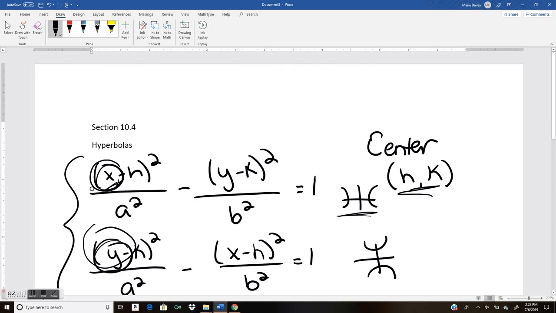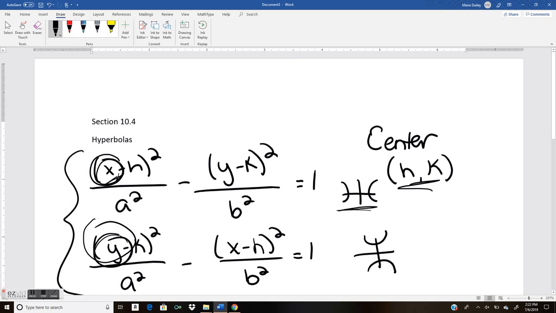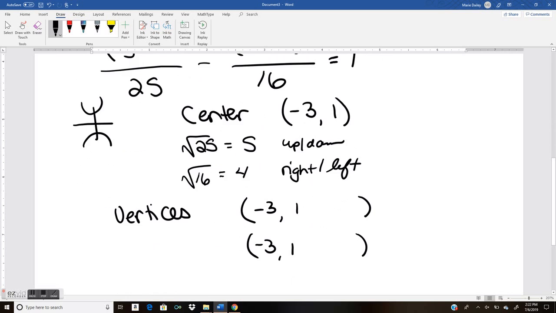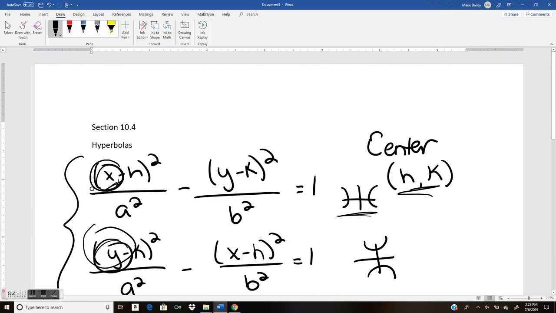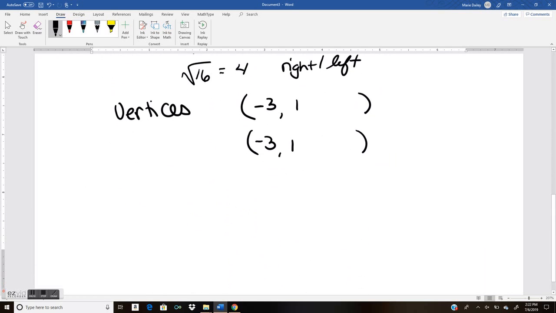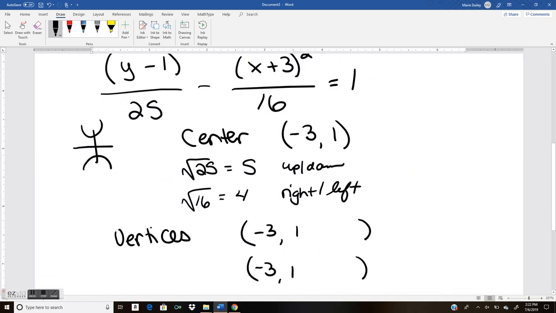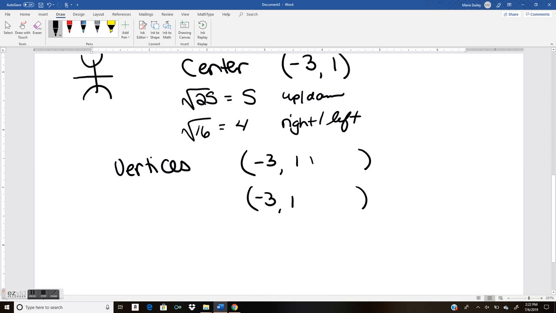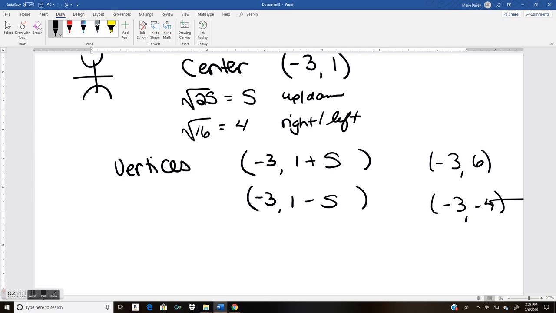Since it's moving along the y, it's going to move just like we did in the graph. It's going to move up 5 and down 5. So these are the points that we plotted for the vertices: (-3, 6) and (-3, -4). Those were my two vertices.